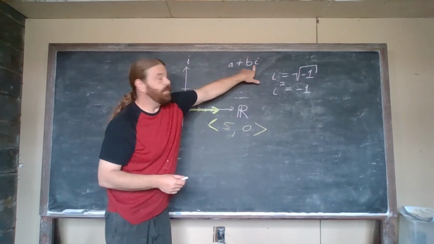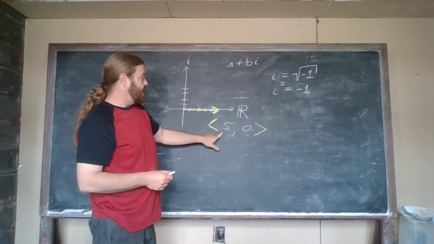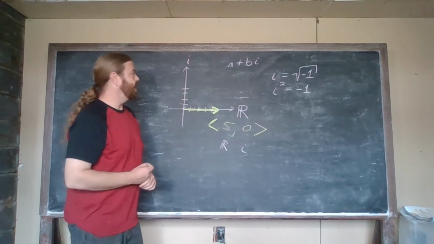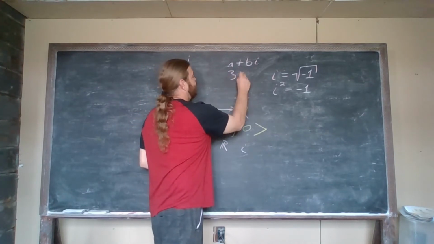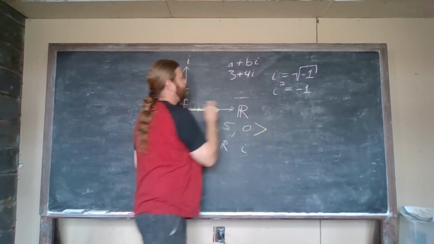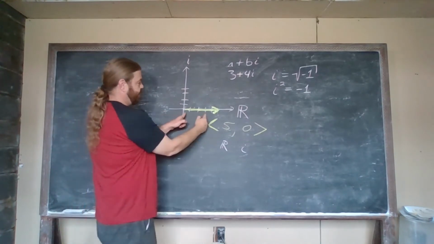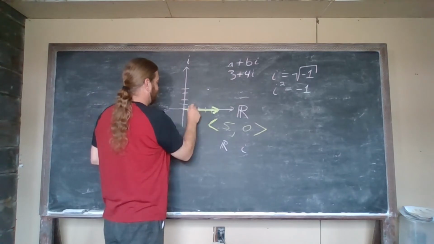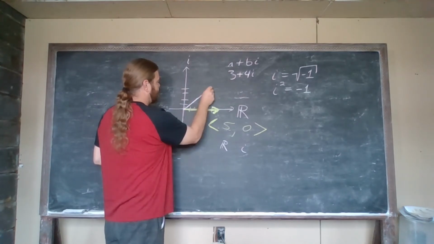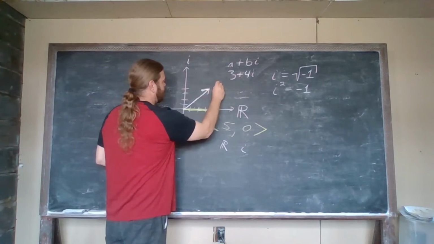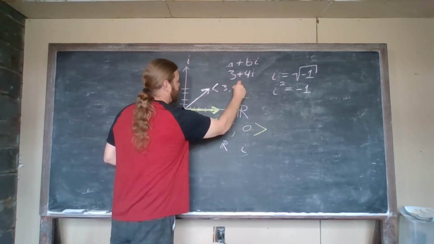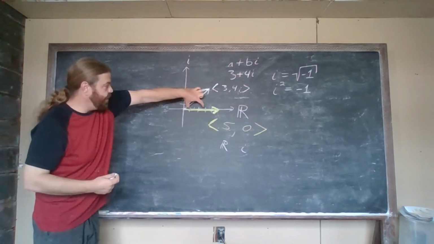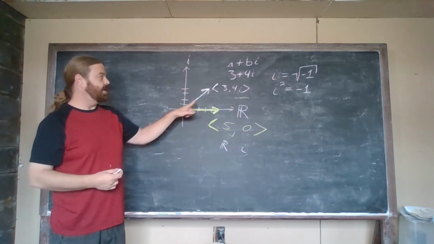But if we split it up and write it this way, that real and imaginary part, instead of X and Y, what we could do is 3 plus 4i. Because if we come 3 units along the real axis and 4 units up the imaginary axis, we get this vector, which the real component of is essentially the same as that, right?